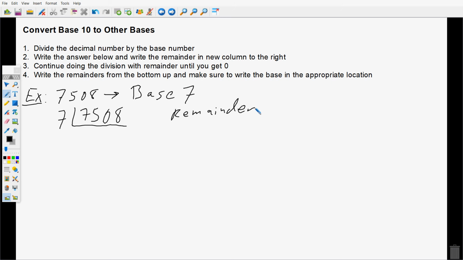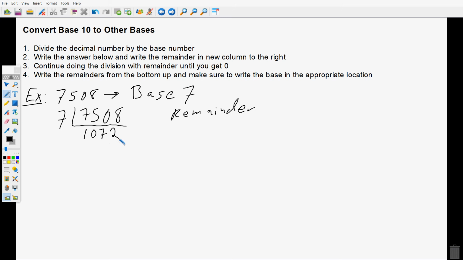So pull out your calculator and do 7508 divided by 7. You should get 1072 point something. 1072 goes here.